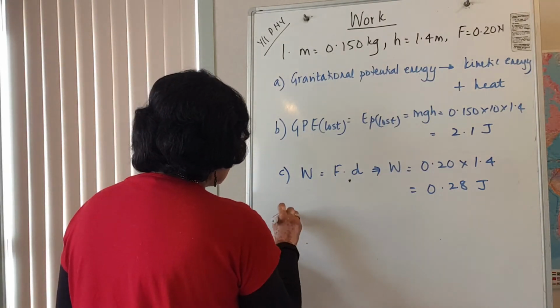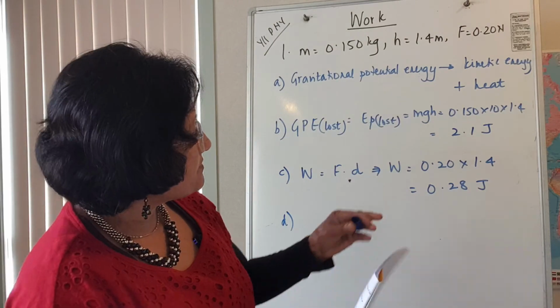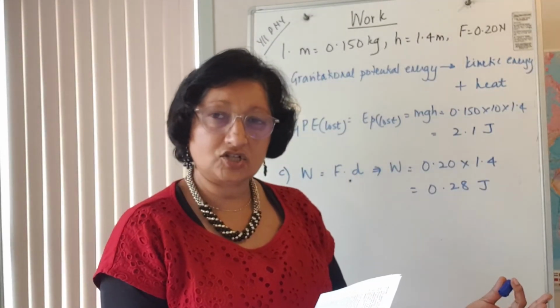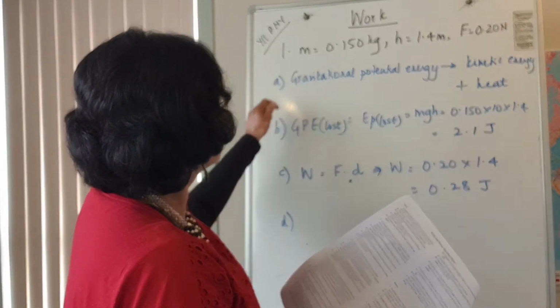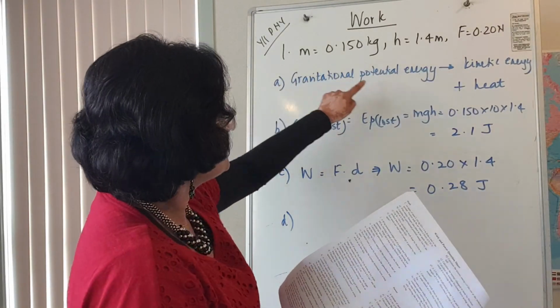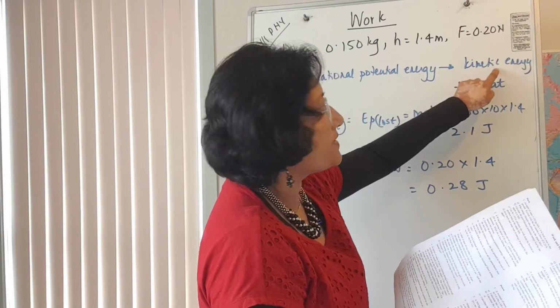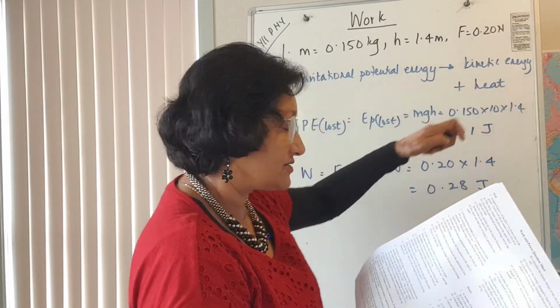And then the last part: the remaining energy is all going to be kinetic. How much kinetic energy does the apple gain? The total energy is 2.1. A little bit of it, 0.28, is lost as heat. So the remaining will have to be kinetic energy, right?